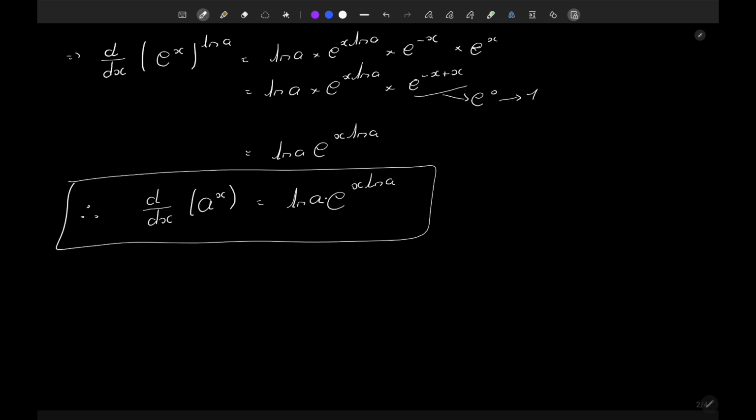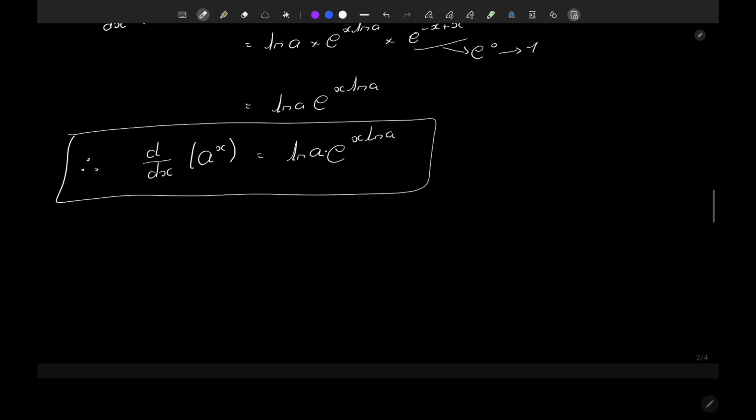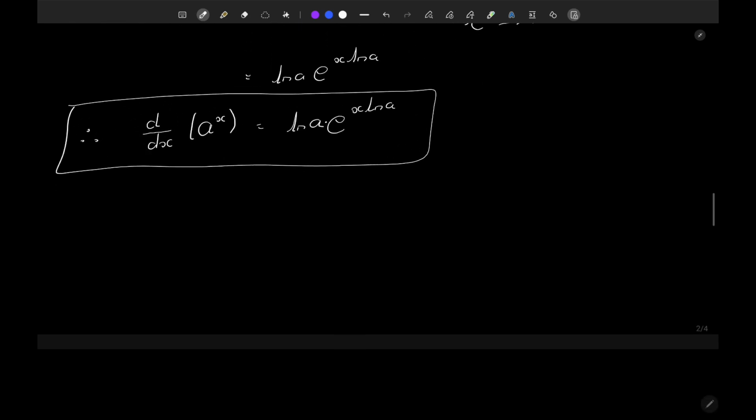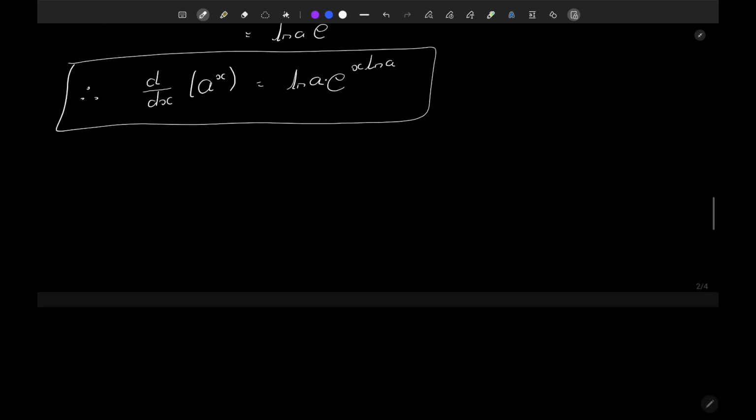So when the exponent is not just x but a function of x, we apply the chain rule, that is, differentiate the exponential normally, then multiply by the derivative of the inside. This can be written in these forms. We are going to write this as a general rule, that is, if y is equal to e to the g of x, then y prime is equal to e to the g of x times g prime of x.